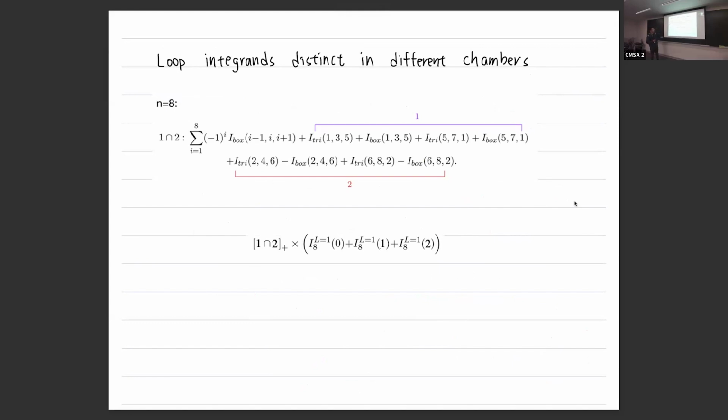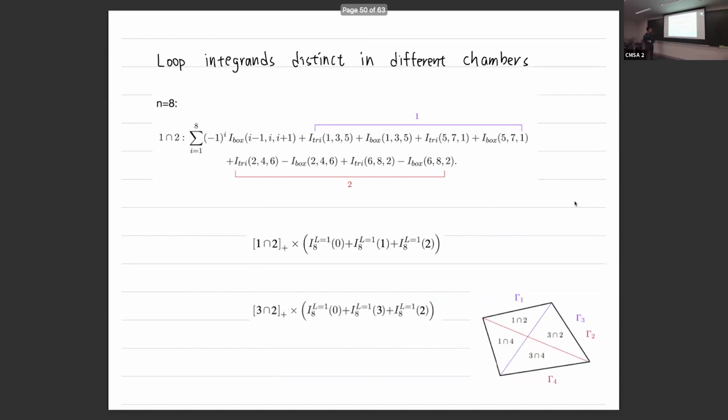It appears in all the regions. So we use this shorthand notation to denote I1 and I2, and I0 for this collection of common integrands. So for the region 3, 2, we just replace the 1 with 3.